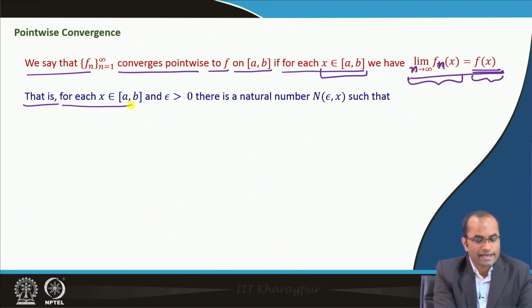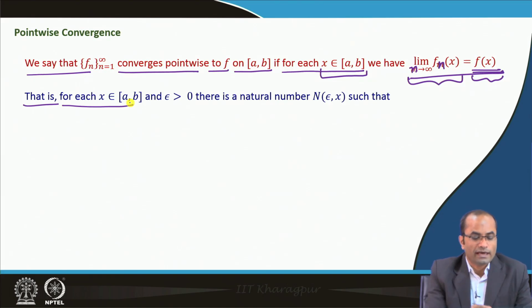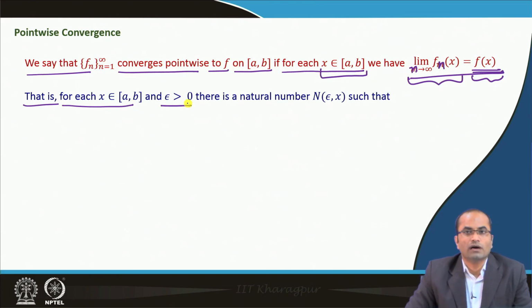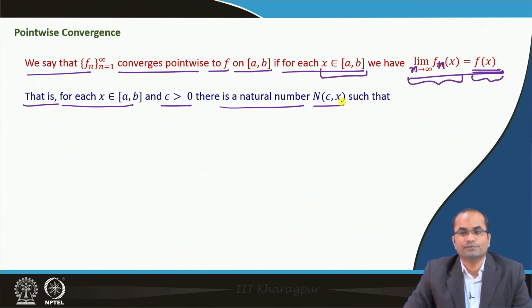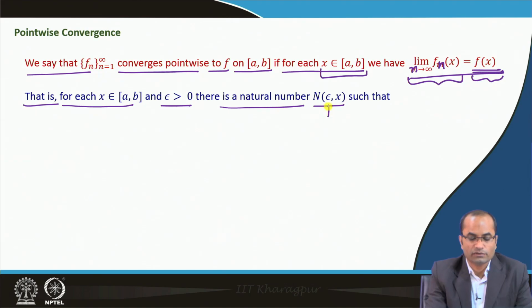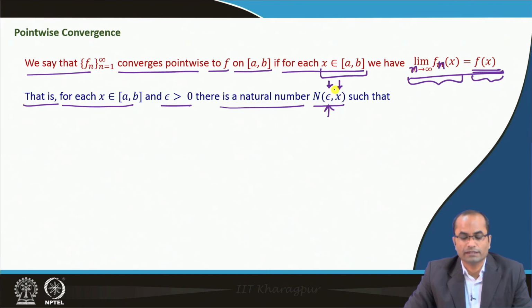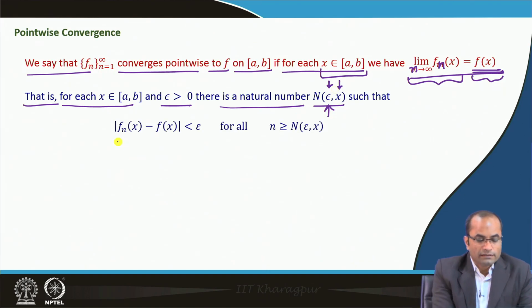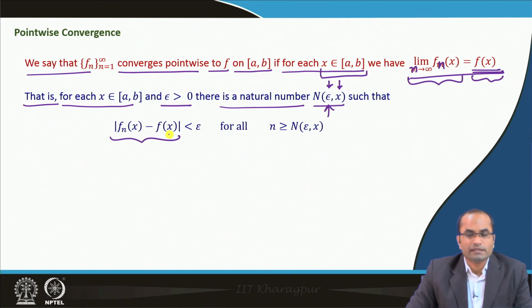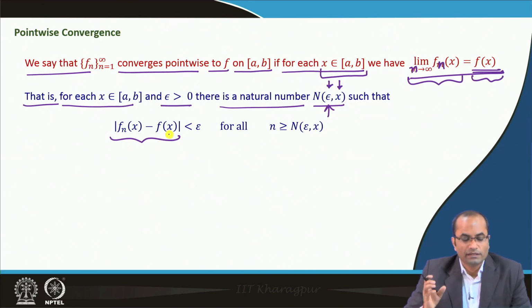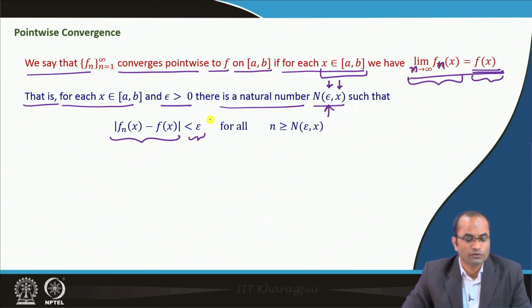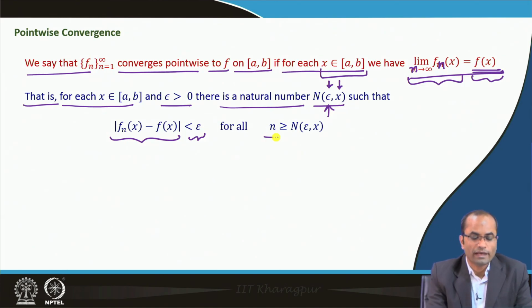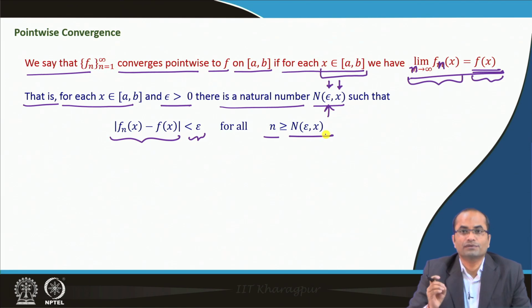For each x in this interval and for any epsilon however small, there is a natural number N(epsilon, x), so this natural number depends on which epsilon we choose and which x we fix, such that the difference between f_n(x) and f(x) can be made arbitrarily small, because of the epsilon we chose, for all n greater than N(epsilon, x).